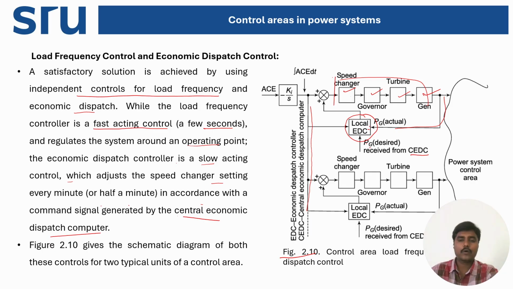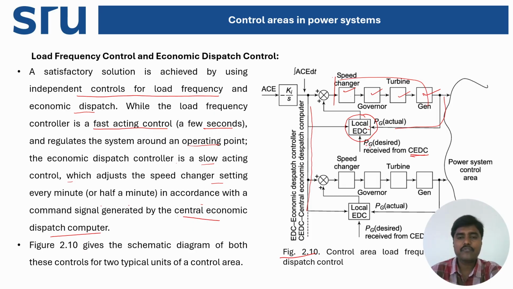For example, if you take our country as an example, as a national grid, in the national grid you might have some state electricity boards. All the state electricity boards may have these local EDC centers. These local EDCs will receive the signal from the central EDC.